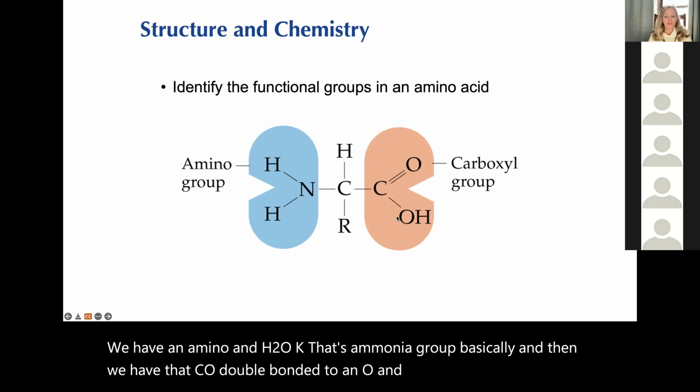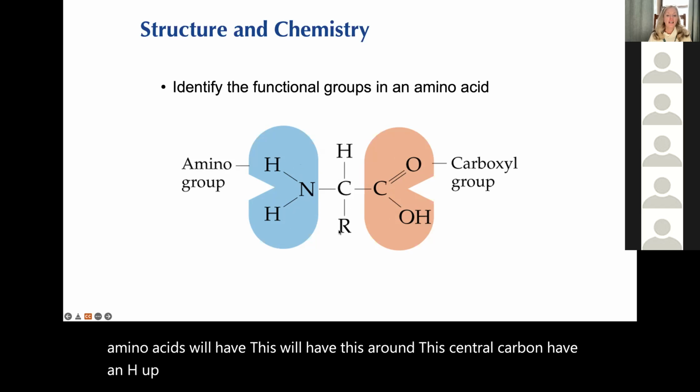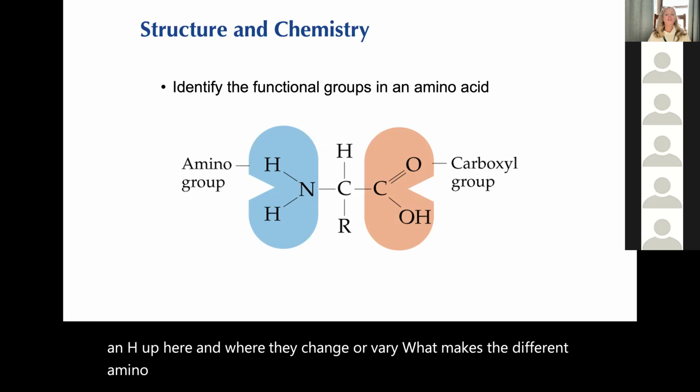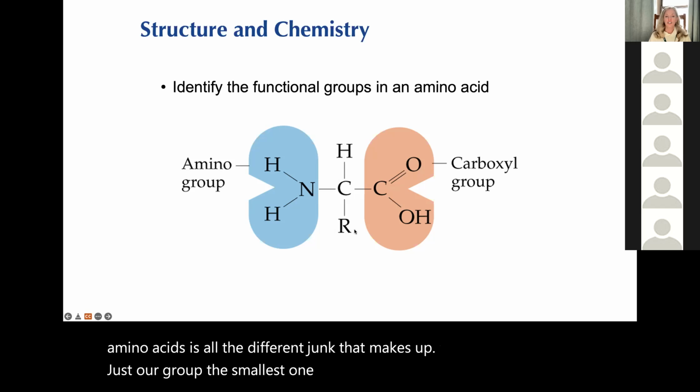That's our carboxyl group. All amino acids will have this around the central carbon. We have an H up here. And what makes the different amino acids is all the different junk that makes up this R group. The smallest one, glycine, is just another hydrogen.